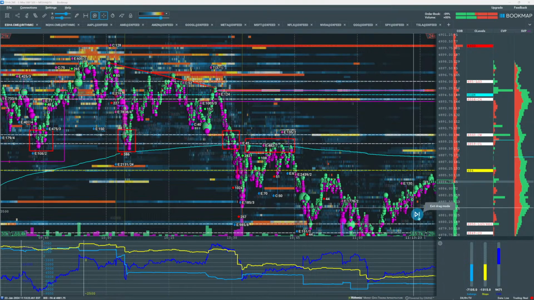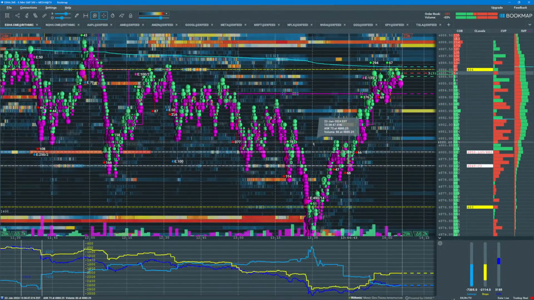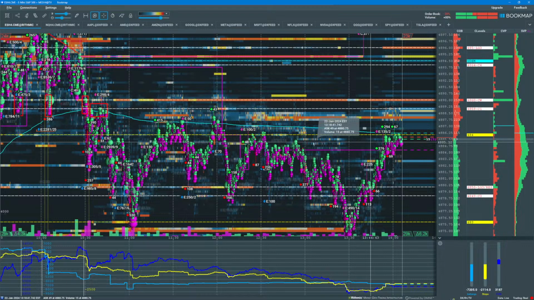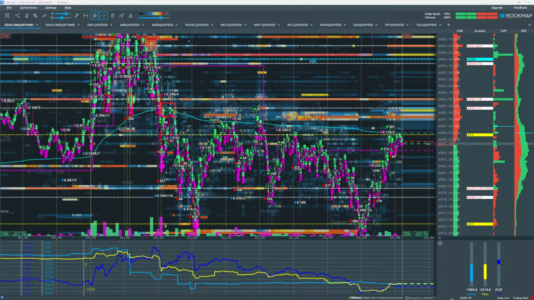And note also, overall for today, all the indicators in the subchart starting after around 10 a.m. have been moving lower.